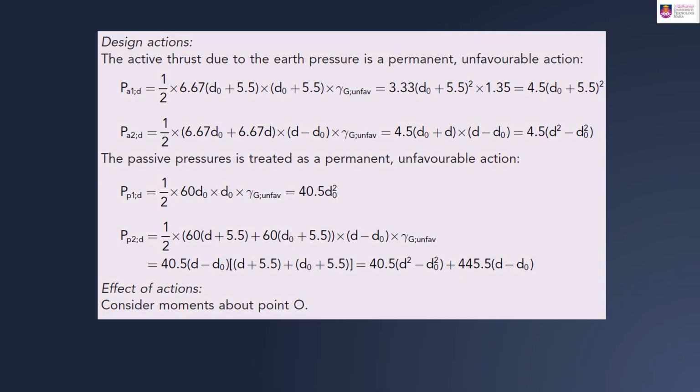The active thrust due to the earth pressure is a permanent and unfavorable action. Active thrust 1, so this is one equation that we have.